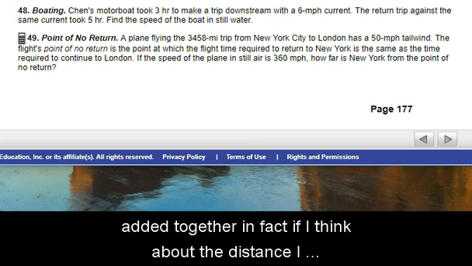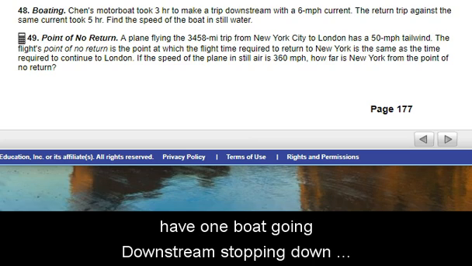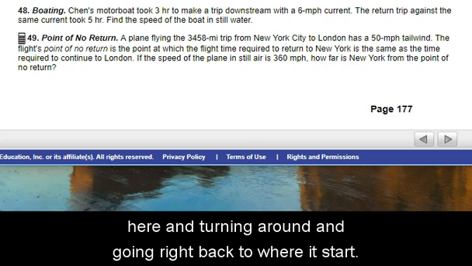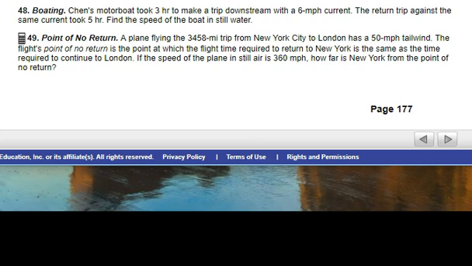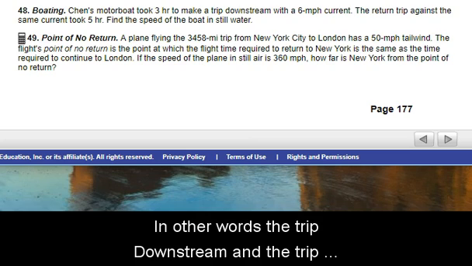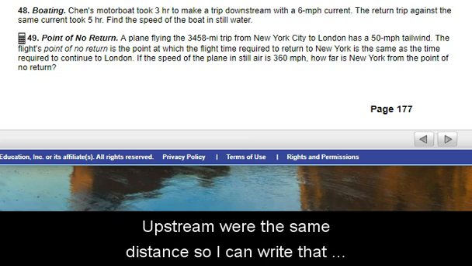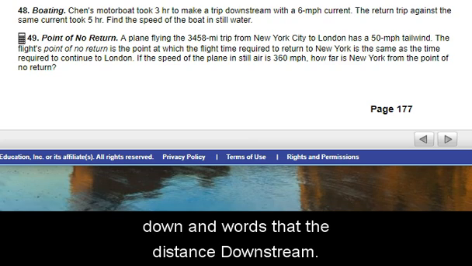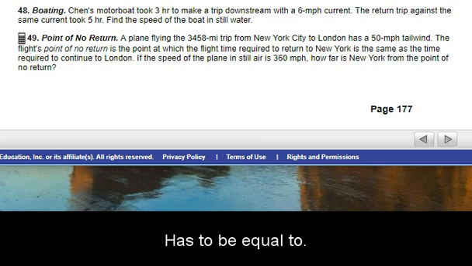In fact, if I think about the distance, I have one boat going downstream, stopping down here, then turning around and going right back to where it started. In other words, the trip downstream and the trip upstream were the same distance. So I can write that down in words, that the distance downstream has to be equal to the distance upstream.